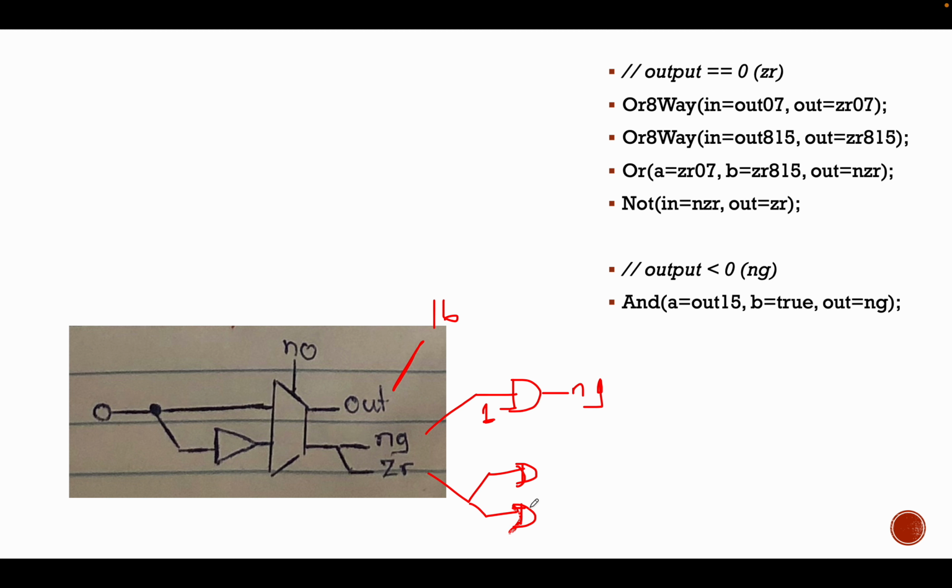Remember, OR 8 way means each one has 8 bits, so each gate has 8 bits. So whatever comes out of the OR 8 way will come out as a single bit each. Each of the gates will produce one single bit.